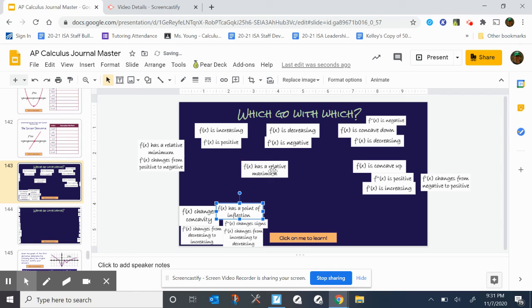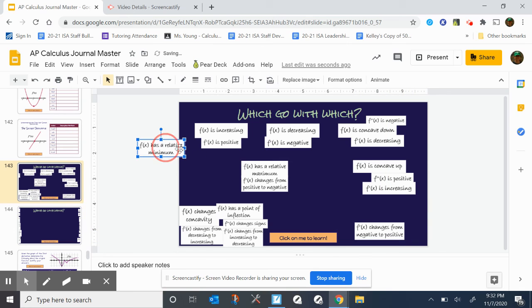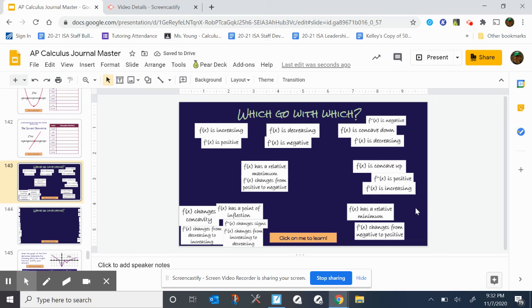If f has a relative max, then I know the graph went up before the max and went down after it, changes from going up to going down. So that means the slope f prime changes from positive to negative, and we have f prime changing from negative to positive, so a graph going down then up would create a relative min, and those are grouped according to which ones are the same.